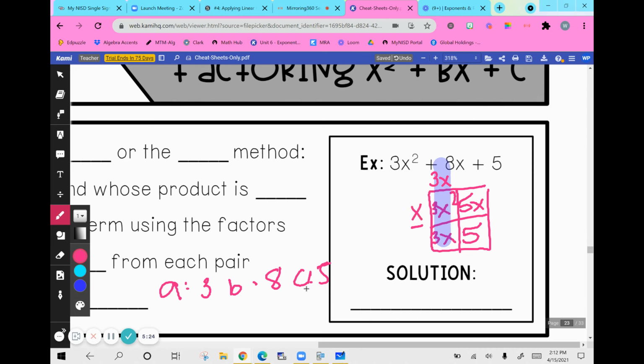I just need another x to make it squared. x times what would give me 5x? Well, that's 5. 3x times what would give me 3x? That's 1. So I have 3x plus 5 on the top times x plus 1, because those are positive numbers, on the bottom. And you could say x plus 1 times 3x plus 5, or 3x plus 5 times x plus 1. Either way, it's the same answer. Okay?